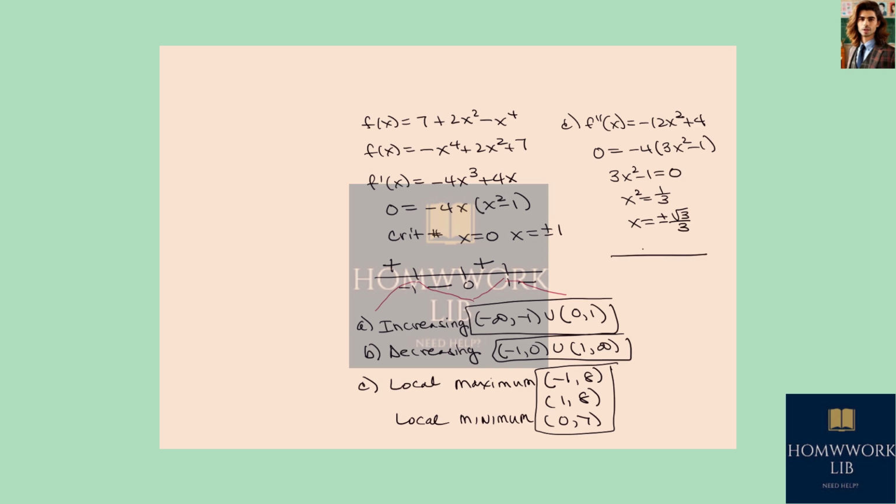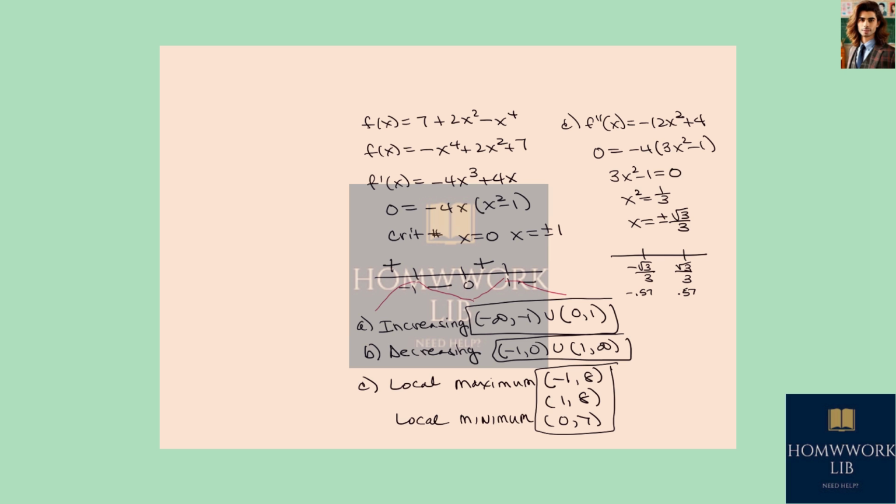I'm going to plot those on a number line. And that's about negative 0.57 and positive 0.57. Now we're going to test in that second derivative.